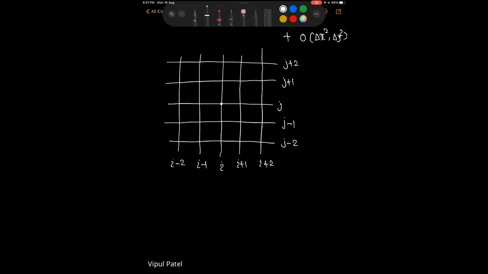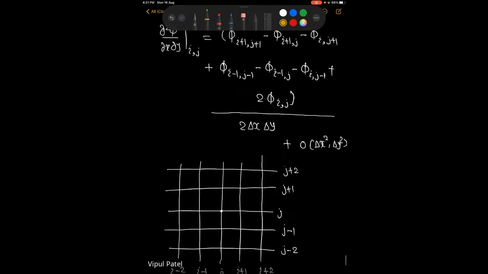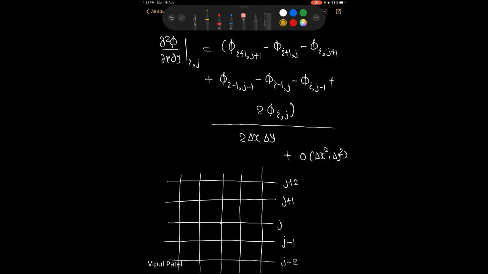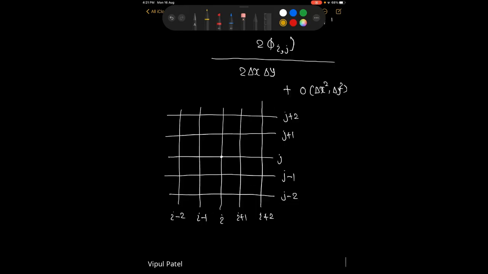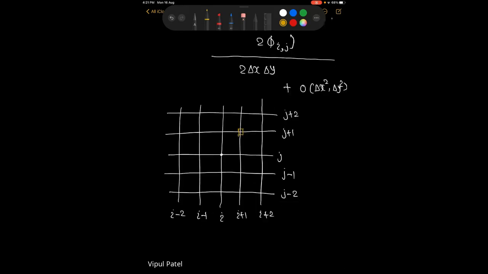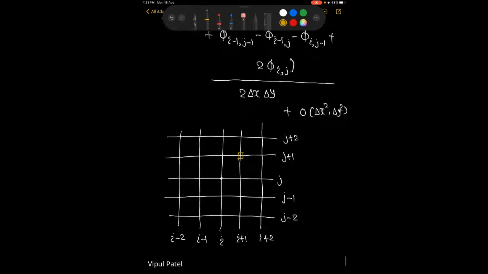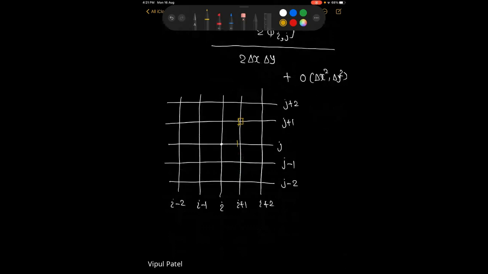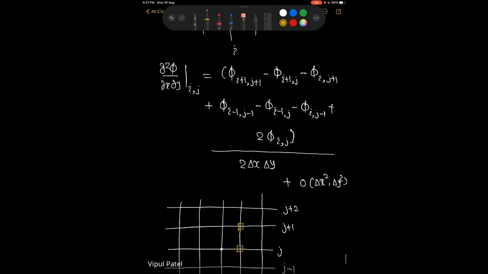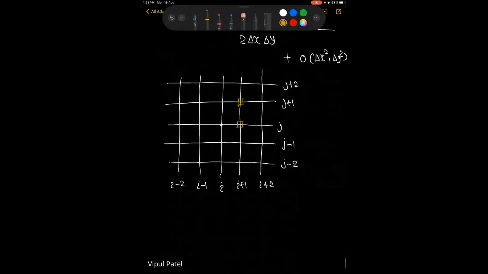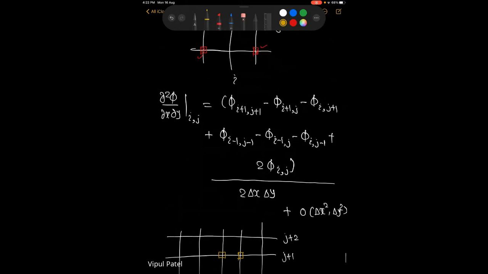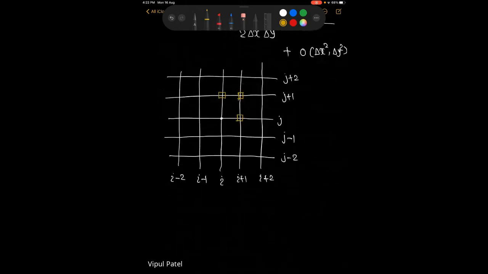Let us see how many nodes are contributing in the final formulation. If I start with the first term on the right hand side, I plus 1 j plus 1 is this particular node. Then the second term is I plus 1 comma j, which is this node. Then you have I and j plus 1, so I is this one, j plus 1 is this. Then the fourth one is I minus 1, j minus 1, which is this one.